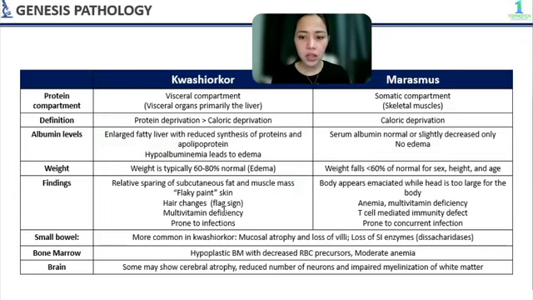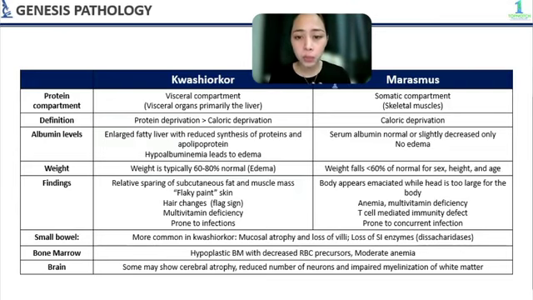So, in kwashiorkor, meron din tayong characteristic na flaky paint skin, which is alternating sites of hypo and hyperpigmentation and desquamation. So, mukha siyang natatakpan ng pintura. Meron din tayong hair changes. Tapos, more common in kwashiorkor are also small bowel changes like mucosal atrophy and loss of villi and loss of enzymes.